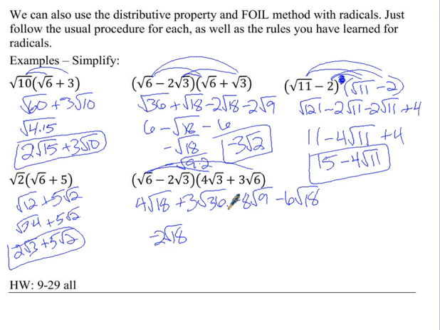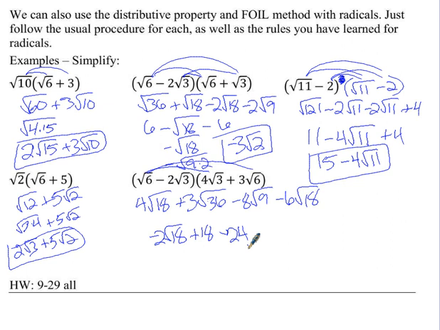So the square root of 36 is 6, and 6 times 3 is 18, so I have plus 18. And what does this one turn into? Good, minus 24. The square root of 9 is 3, and 3 times negative 8 is negative 24. Anything else?